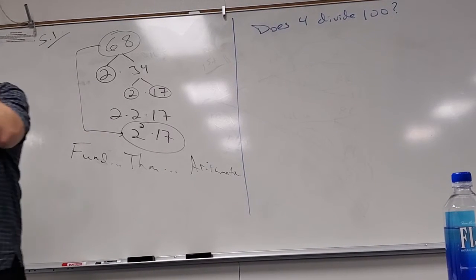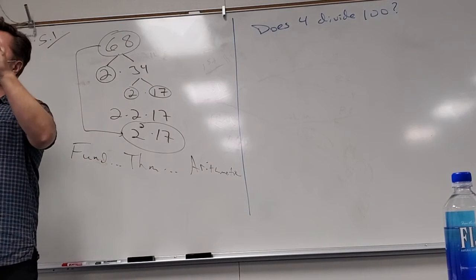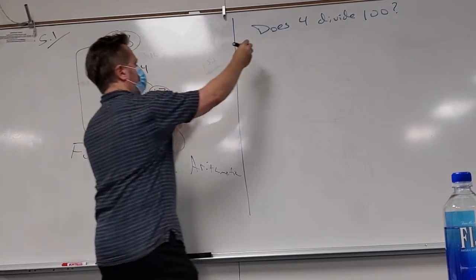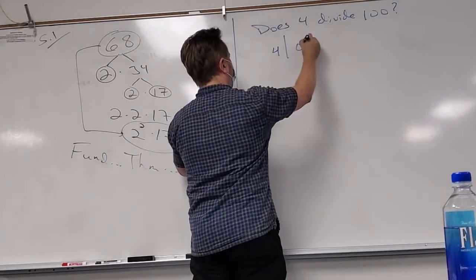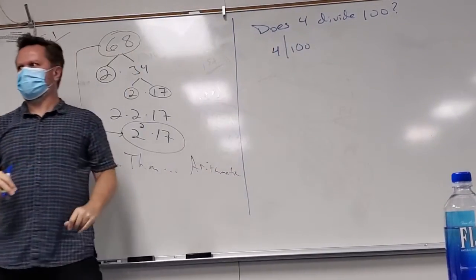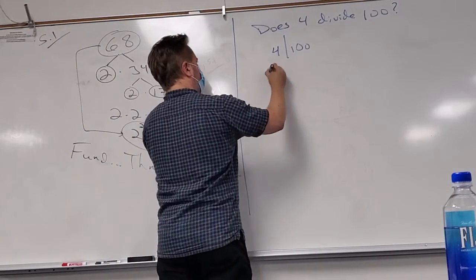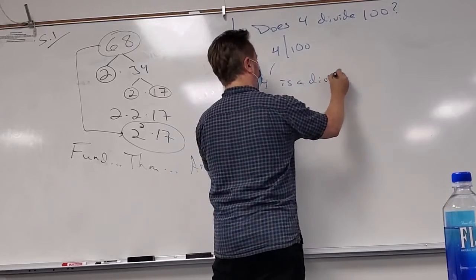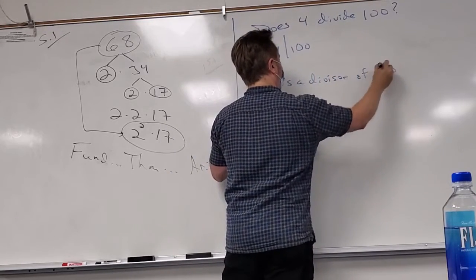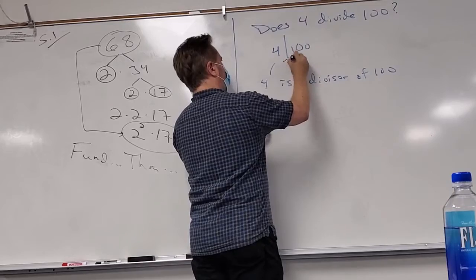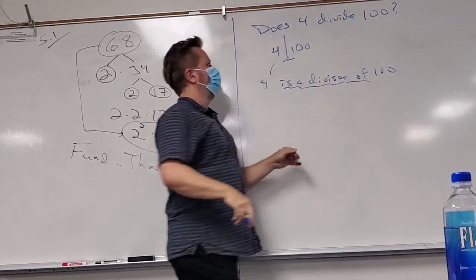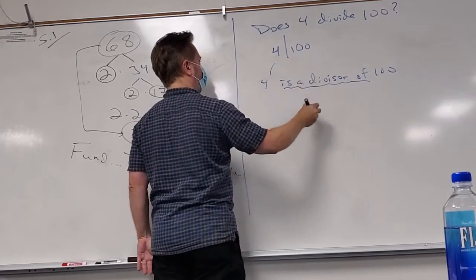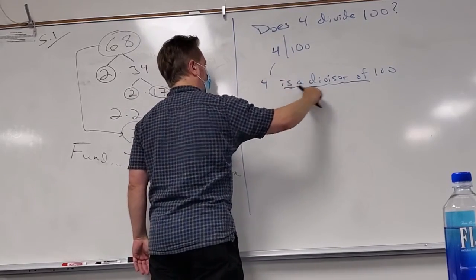One choice of notation for that is to say 4 divides 100. Another way to say this is 4 is a divisor of 100. Be careful, the little line there means is a divisor of.